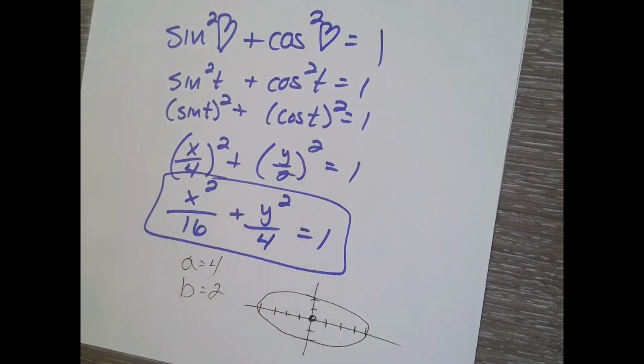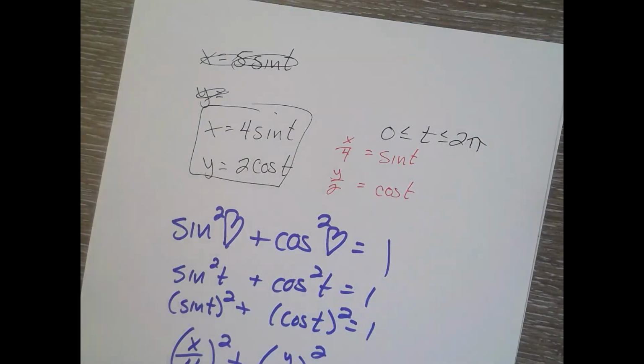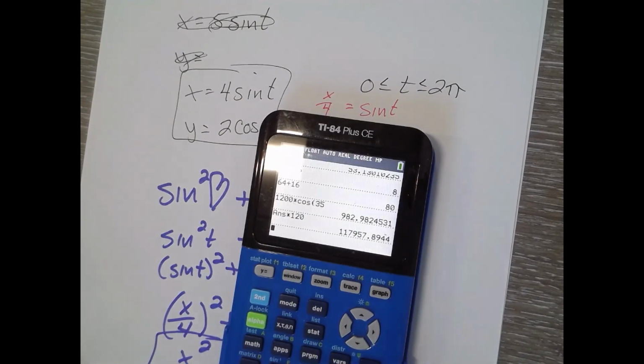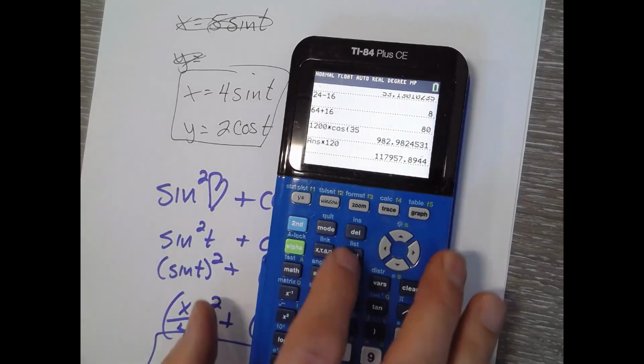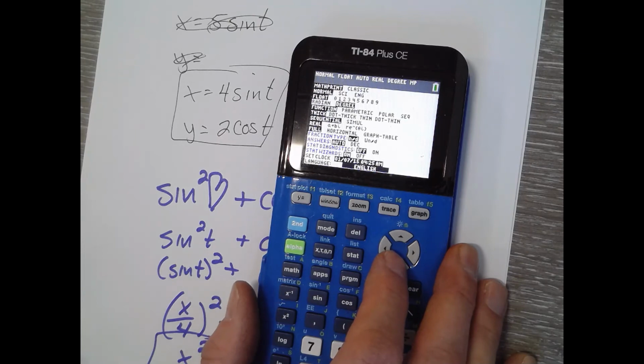It's time to grab our calculators and let them do some work. So, graphing calculator, you should be in parametric mode. You may still be in polar mode. So mode. Gone are the days that we use function. Now we're doing parametric.